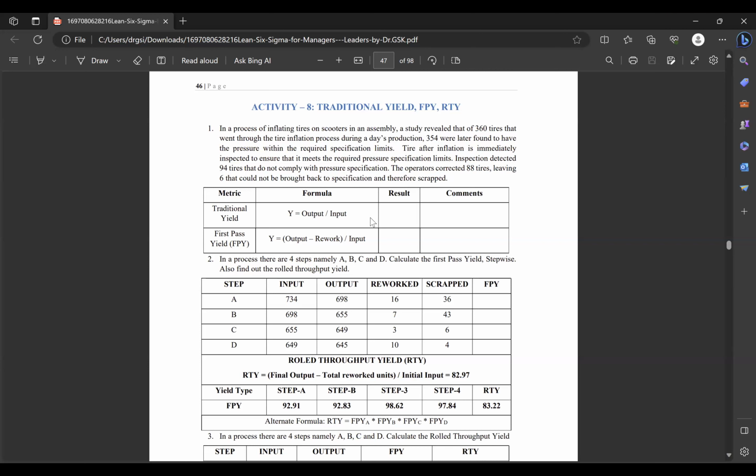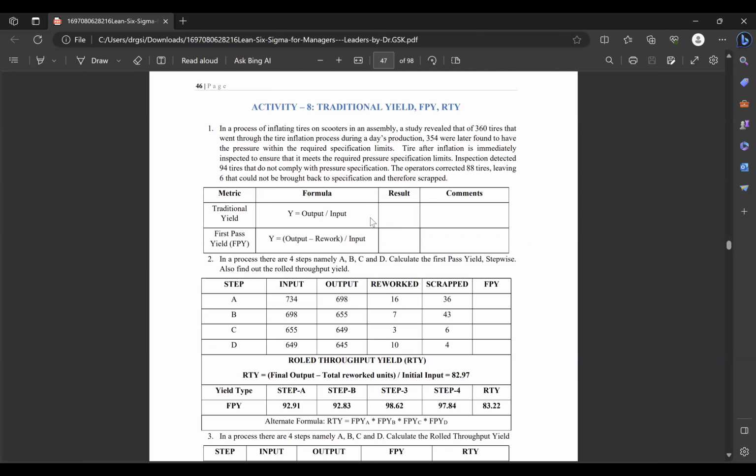You can easily understand the relationship now, right? The output produced and the scrapped, when I add them together, you get the input. Can you see here? 698 plus 36 is 734. That is true everywhere. 655 plus 43 is 698.